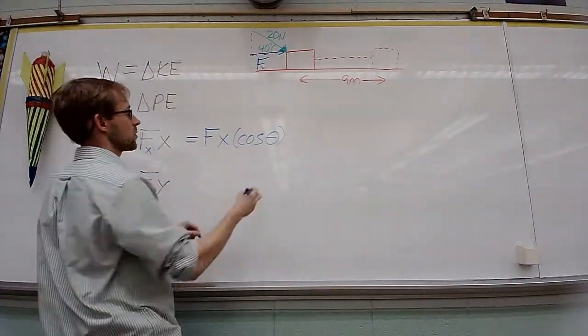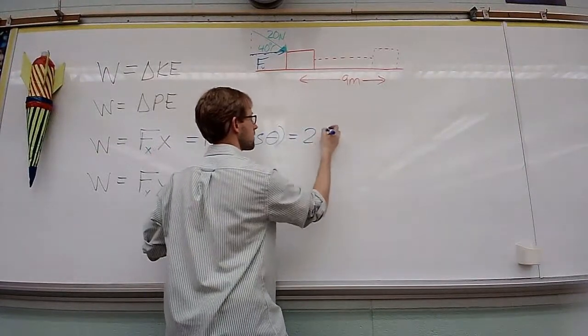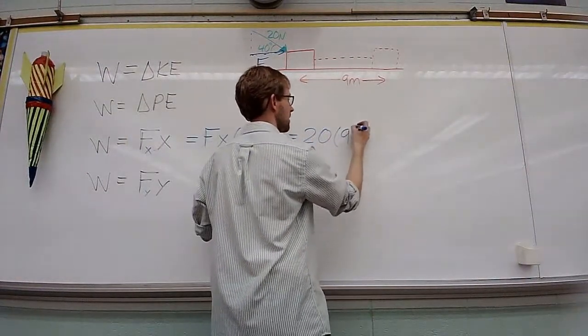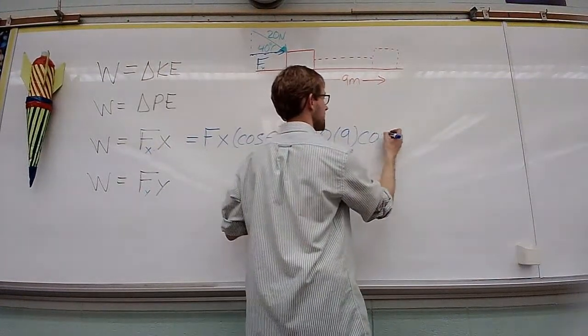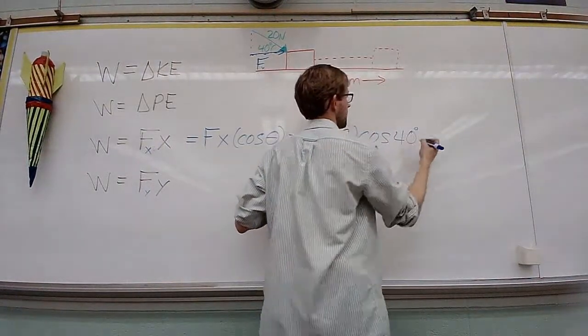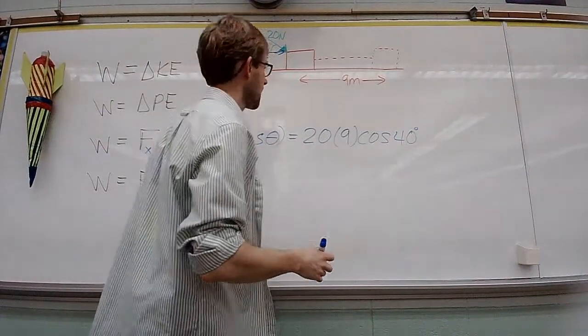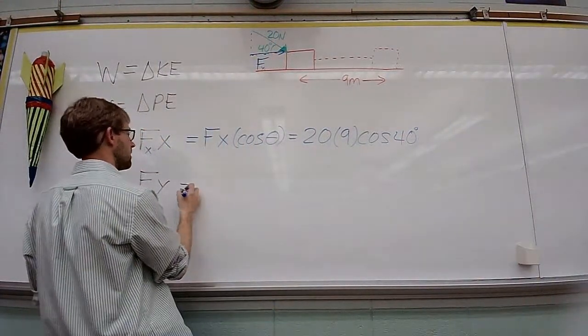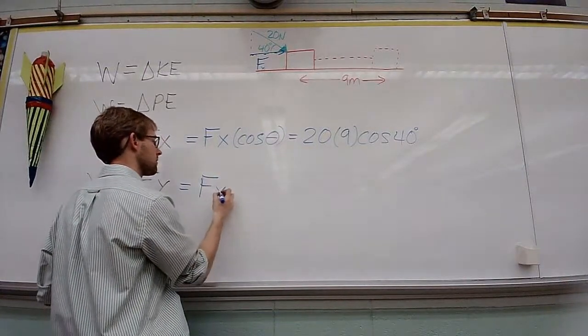So it's just going to be 20 times the distance it moves, 9, times the cosine of the angle. So just do that when you do it. If you're moving vertically somehow, which is more rare, it's the same idea, except sine.